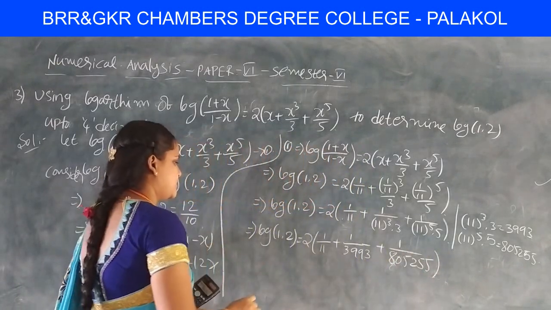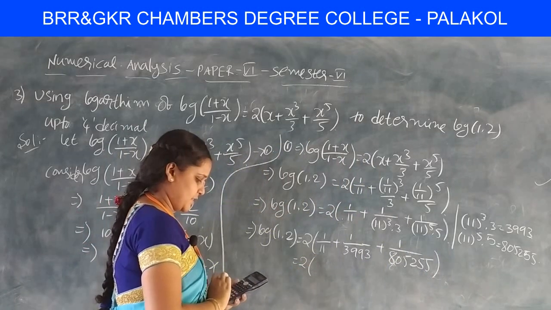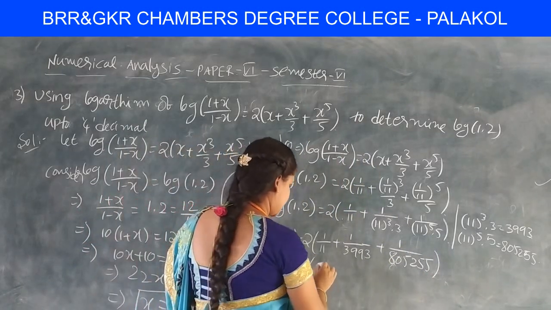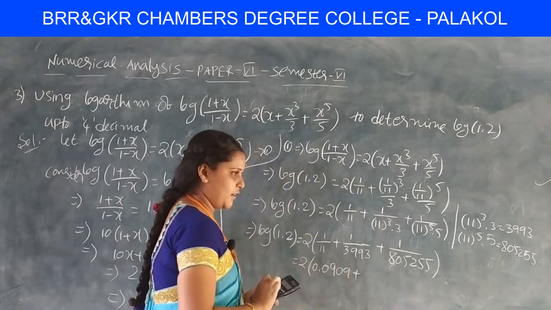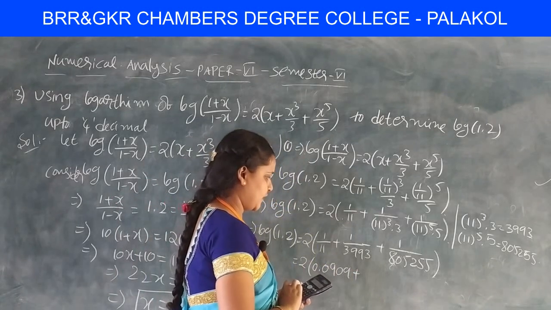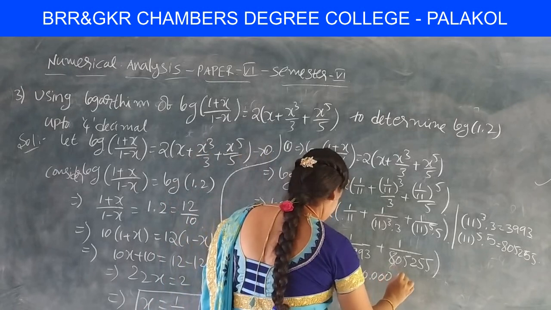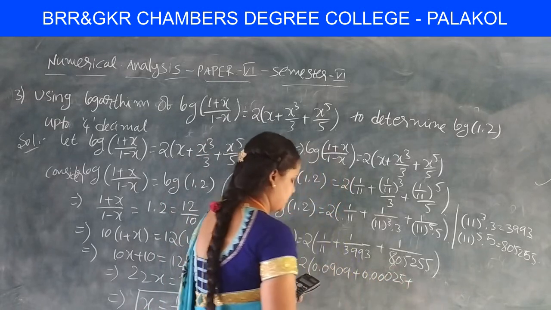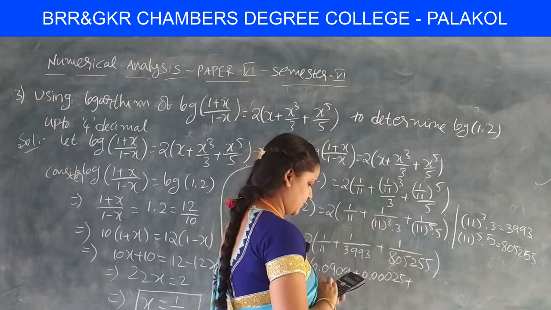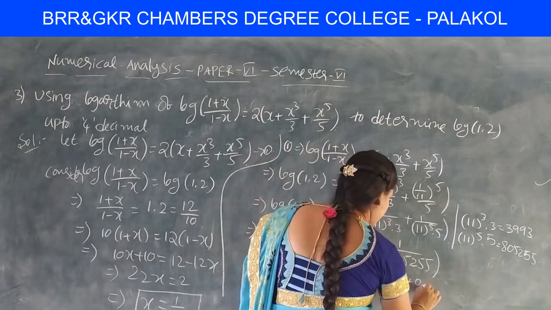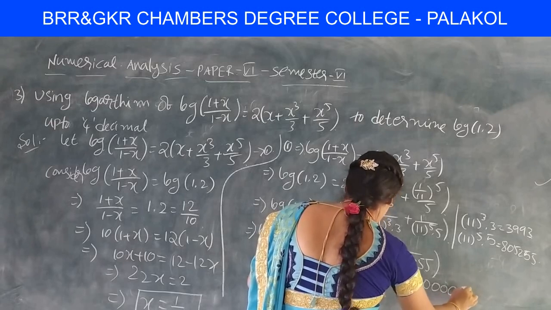Now simplify the values. 2 into 1 divided by 11 is nothing but 0.0909 plus 1 divided by 3993, whose value is 0.00025, plus 1 divided by 805255, whose value is 0.000001.